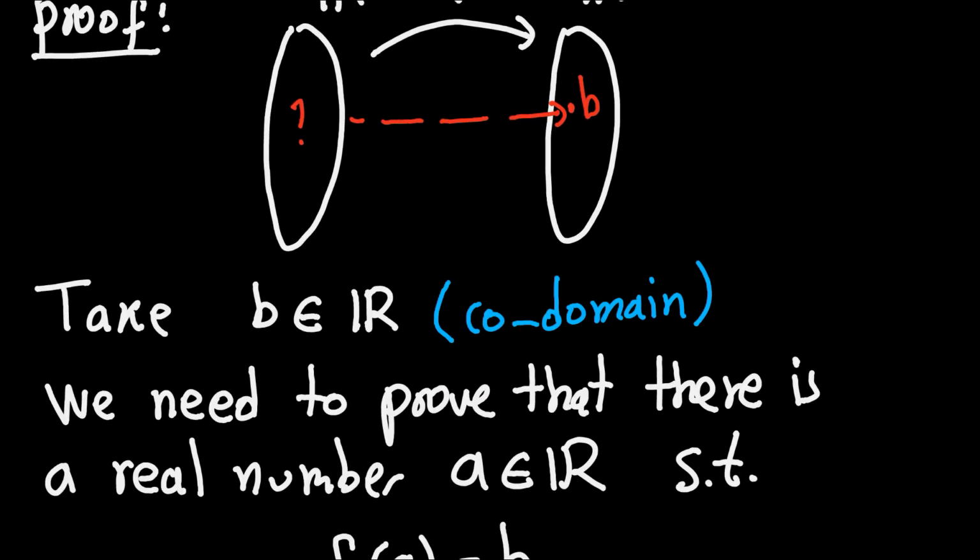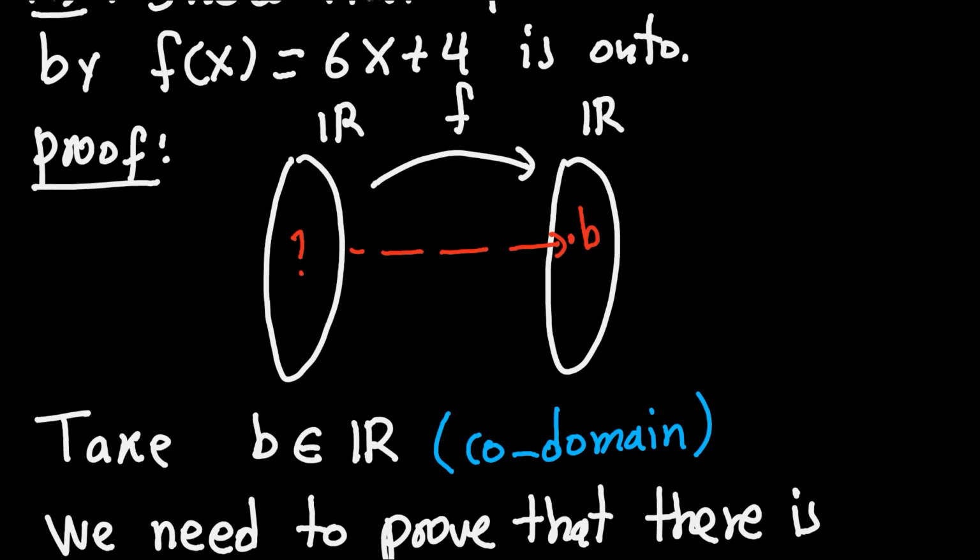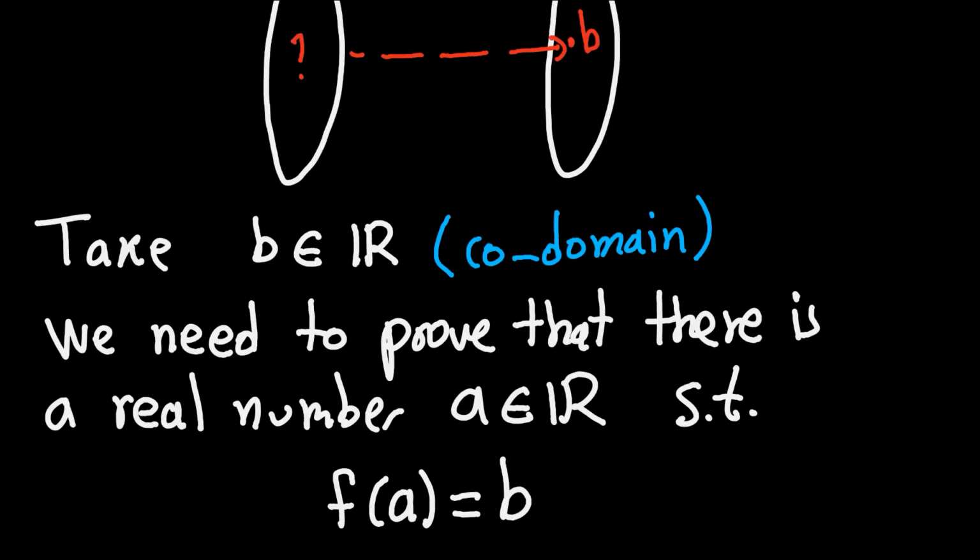So the way we go about it is, we take an element b in the codomain, the real numbers. We need to prove that there is a real number a so that f of a gives me b.